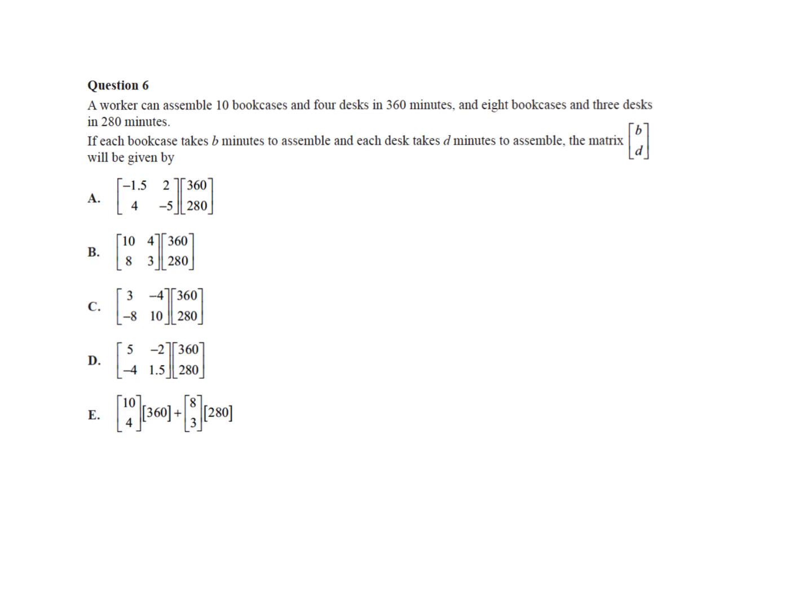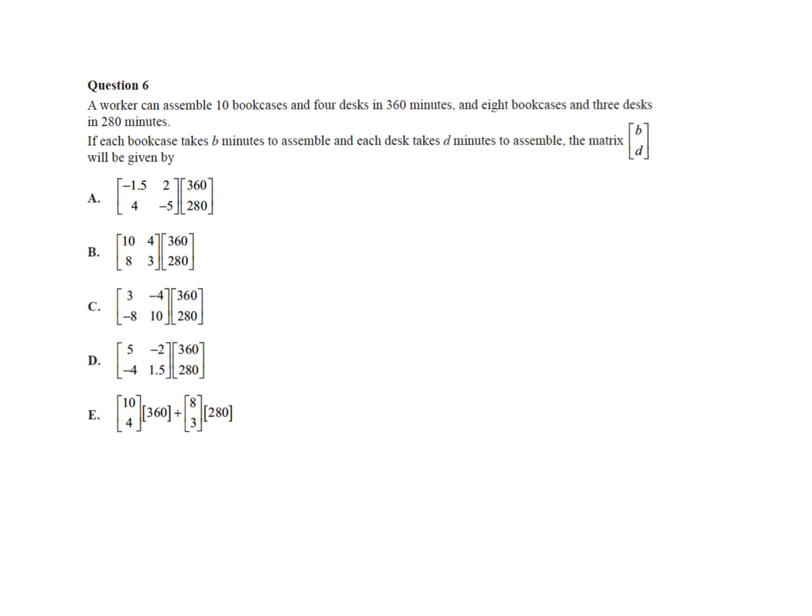A worker can assemble 10 bookcases and 4 desks in 360 minutes and 8 bookcases and 3 desks in 280 minutes. Each bookcase takes B minutes to assemble and each desk takes D minutes to assemble, and the matrix BD is given. So what you often get is these simultaneous equations but written in words.